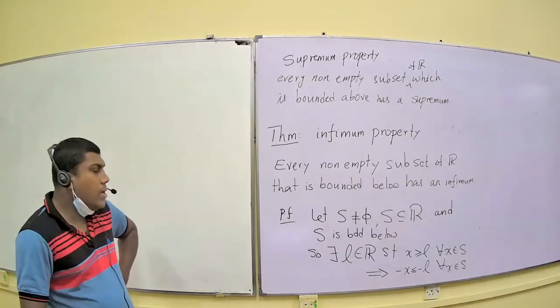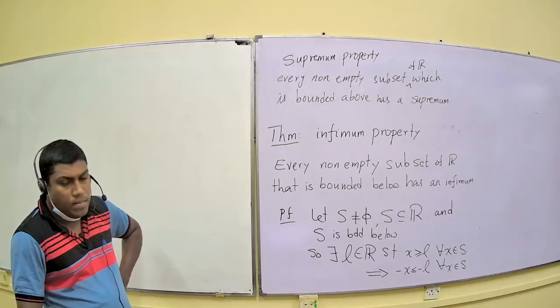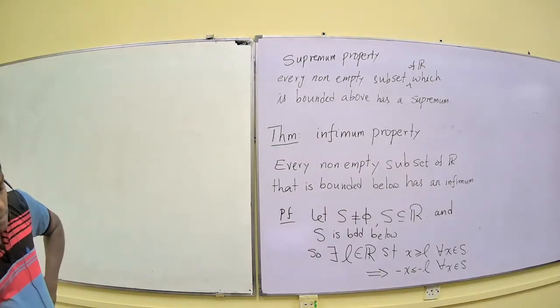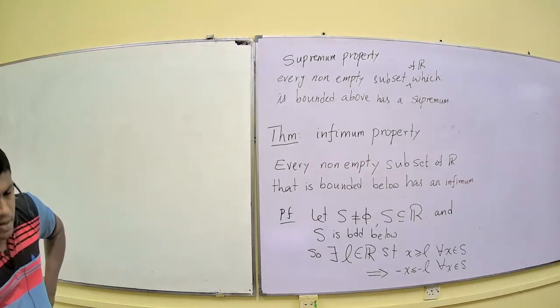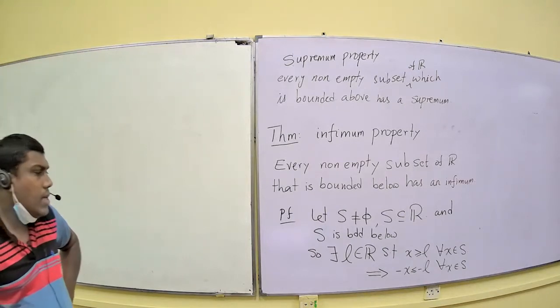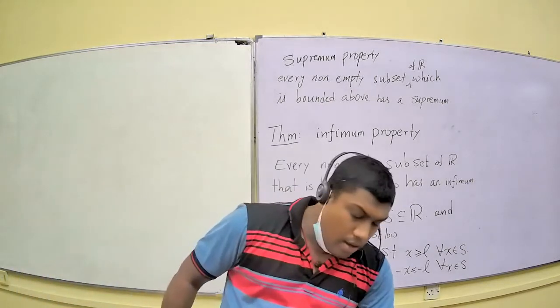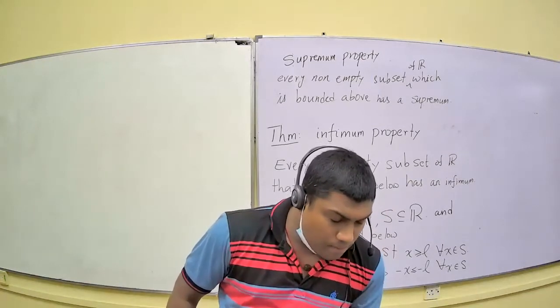So x greater than or equal to L means -x less than or equal to -L, and that is true for all x in S. But now we have some new terms, -x. You start with x, but now you have -x. So let us define a set that contains all such -x.